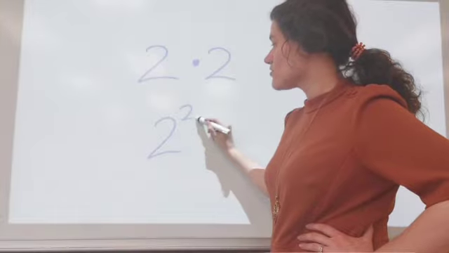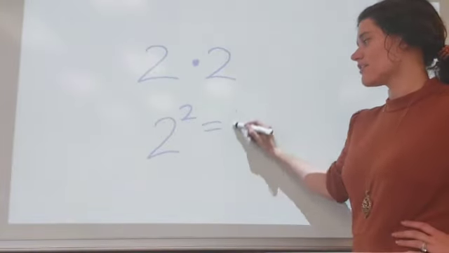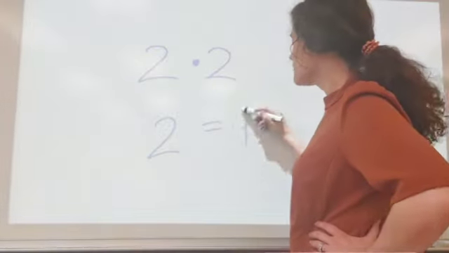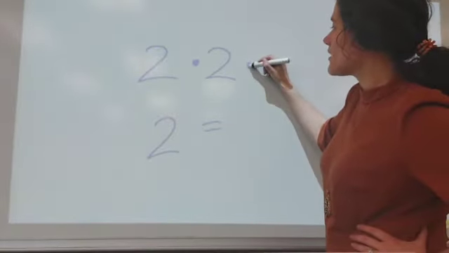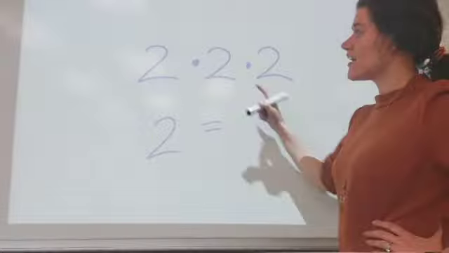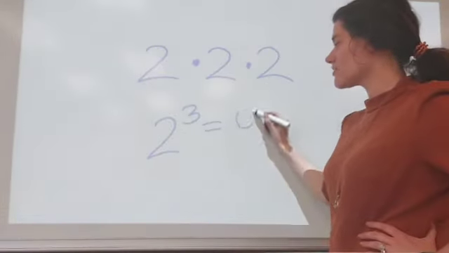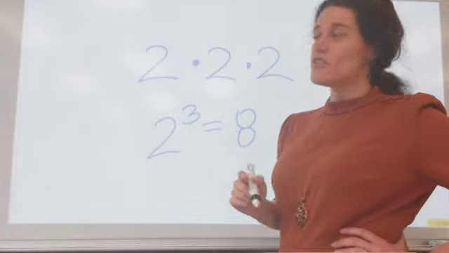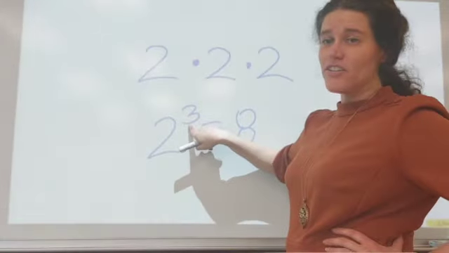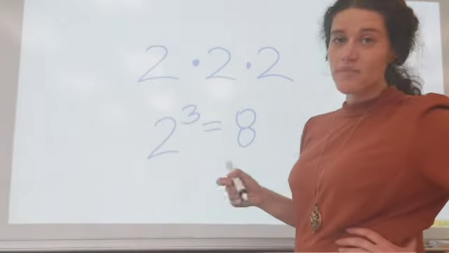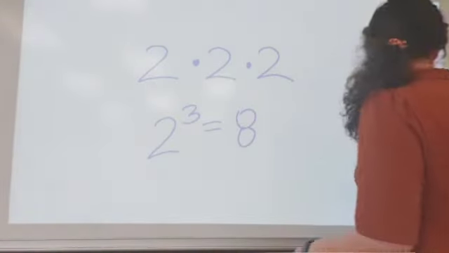So that's 2 squared, and that's going to give me 4. If I do another step of multiplication, that's 2 cubed, that's going to give me 8. So this number here is counting the number of times that something is being multiplied.